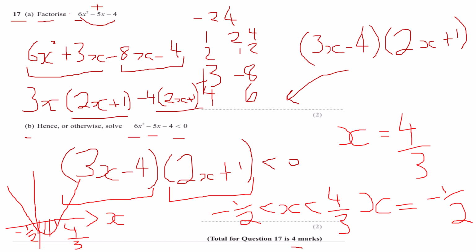So multiply the coefficient of x squared by the constant term at the end and then work out the factors of this new number. Of course, you can do it by trial and error. That also works. It's a bit more time consuming, but this is a more formal method that formalizes how we factorize any quadratic where the coefficient is not equal to 1.